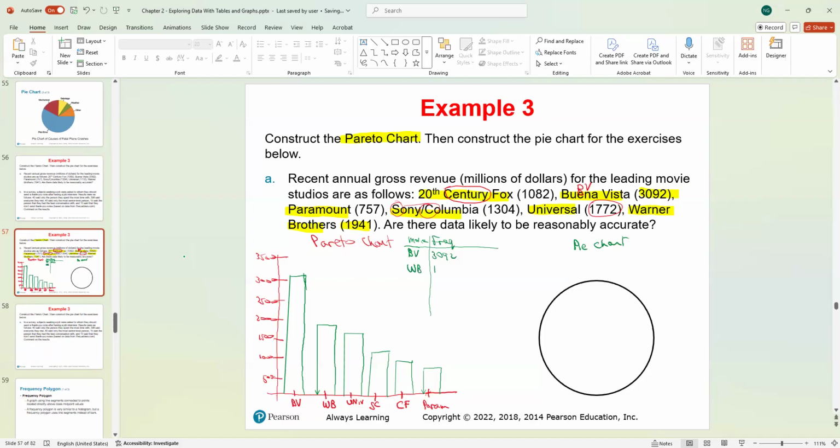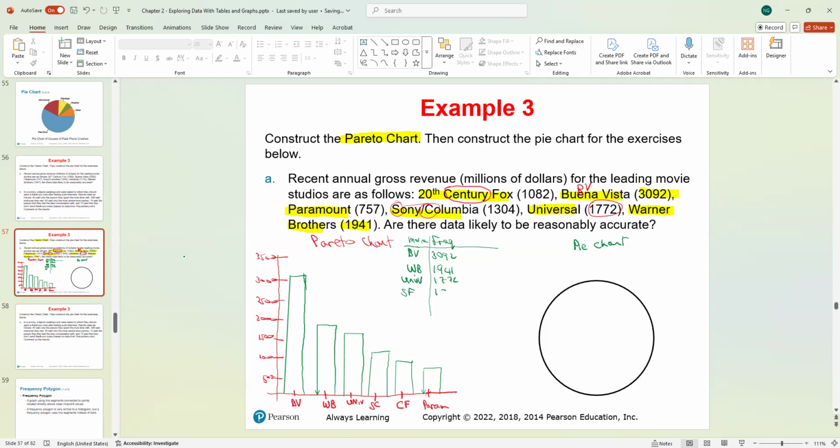We have WB, Warner Brothers. It is 1941. We have Universal. Universal is 1772. You also have Sony Columbia, SF for Sony Columbia.